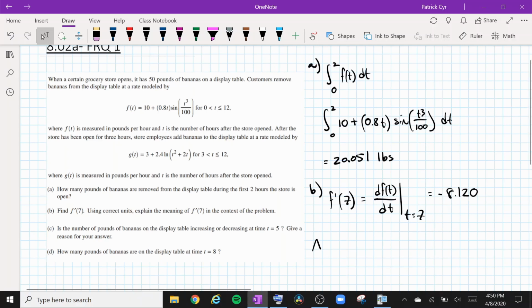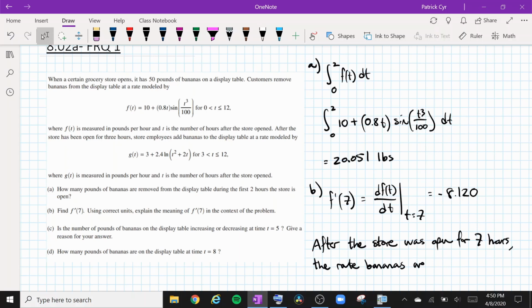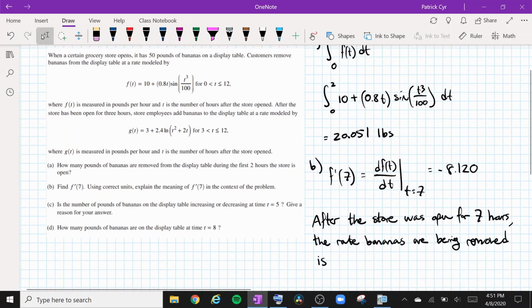So we're going to say after the store was open for 7 hours, t's in hours, the rate that the bananas are being removed is decreasing by, well, if we're saying it's decreasing, we don't need the negative.